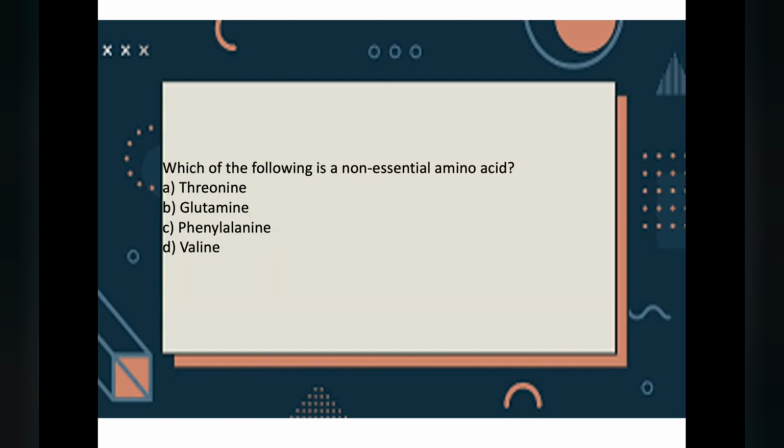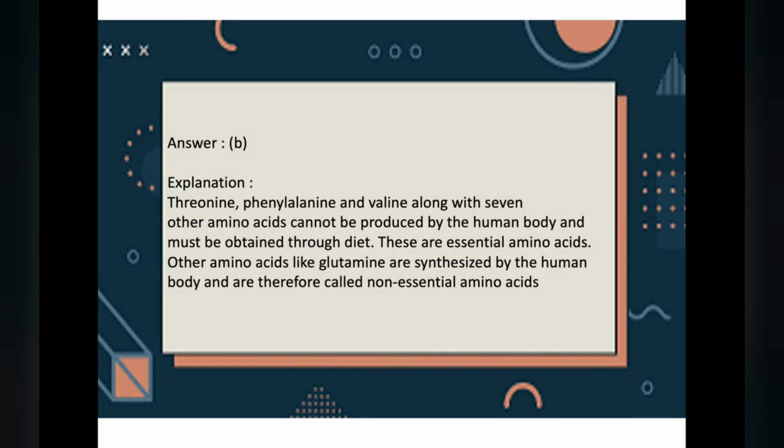The next question is, which of the following is a non-essential amino acid? We learned about essential and non-essential amino acids when we discussed the unit. Choice A is threonine, B glutamine, C phenylalanine, and D is valine. So the answer is B, glutamine. And why is it so?